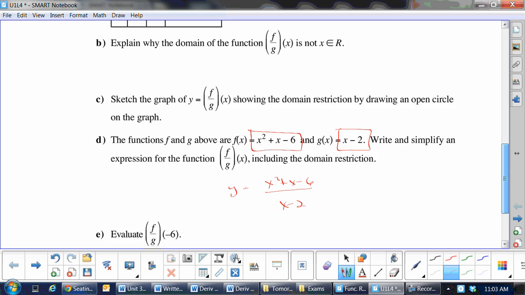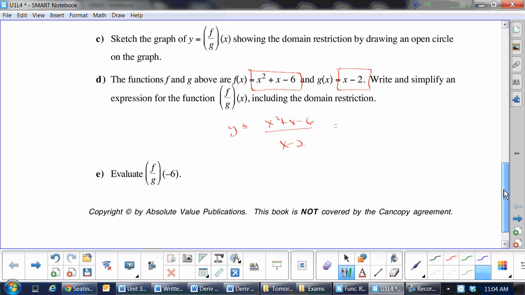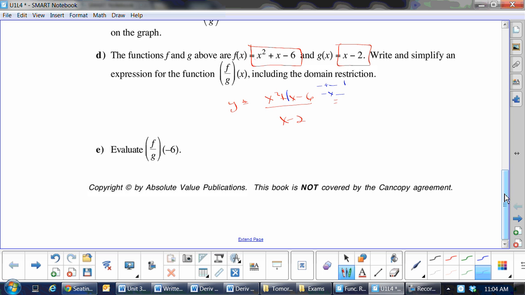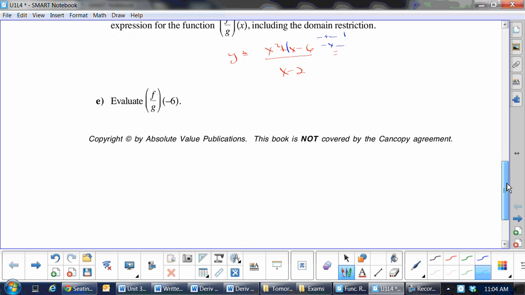Now, what we want to be able to see is how does this turn into a straight line? Well, we can factor the top. What I learned from the other class is that it's been a while since we factored, so it caused some growing pains. So when you do these, remember there's a 1, and what two things add to give me 1, and what two things multiply to give me negative 6?